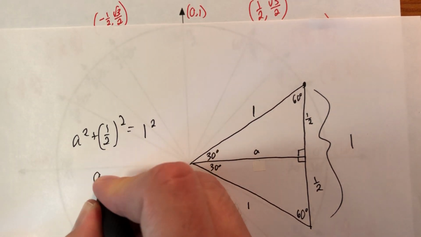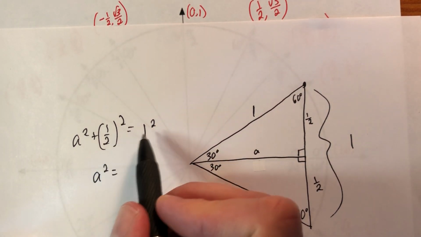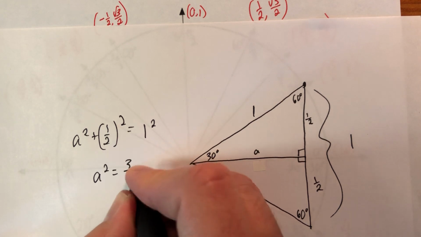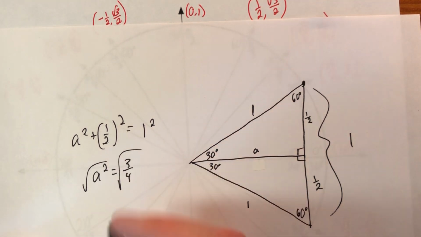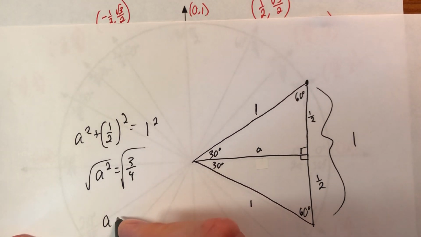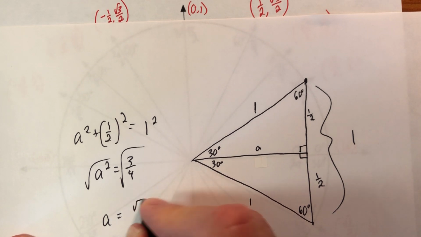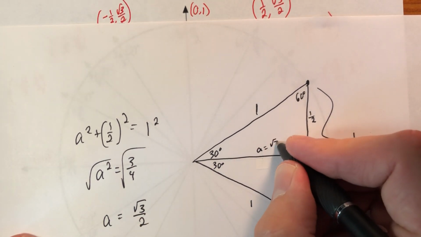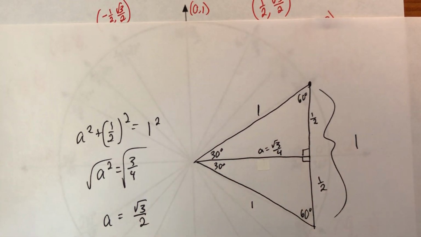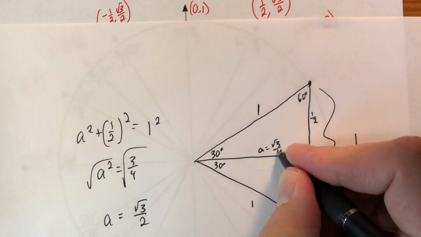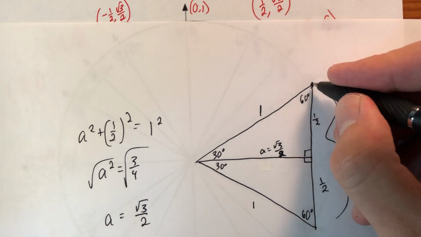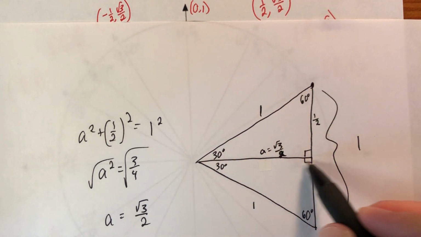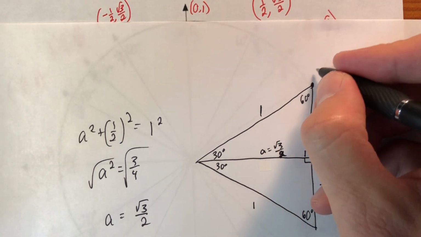A squared is 1/4. 1 minus a fourth is 3/4. Square root that, and I would do the plus or minus thing, but I'm dealing with a distance in this case, so we'll just go with the positive. So this distance right here is the square root of 3 over 2. If I wanted to know this coordinate, I would say, oh, well, that's square root of 3 over 2, comma, 1/2.